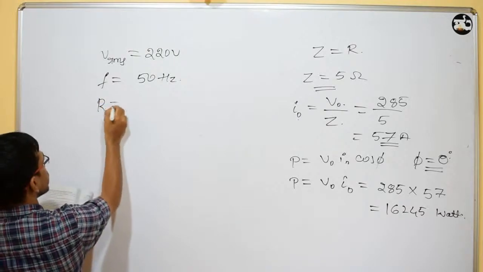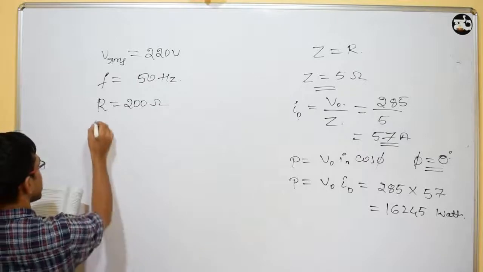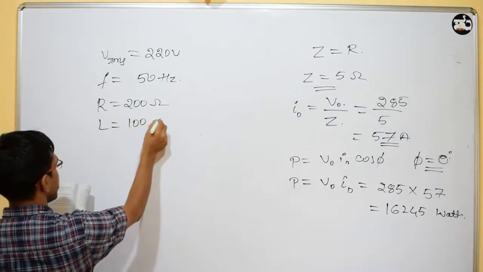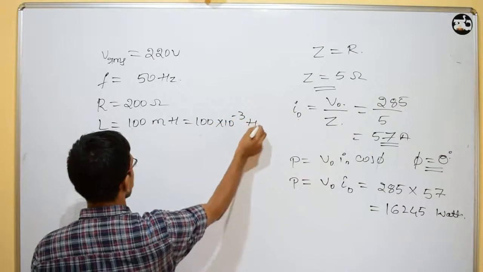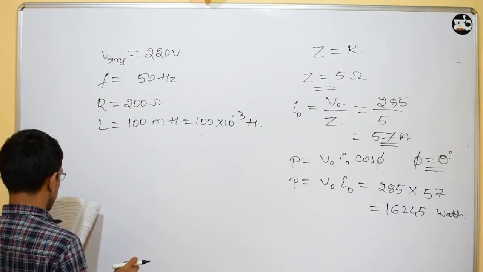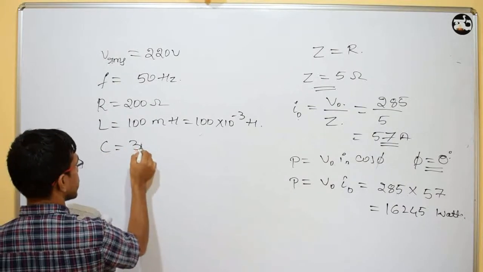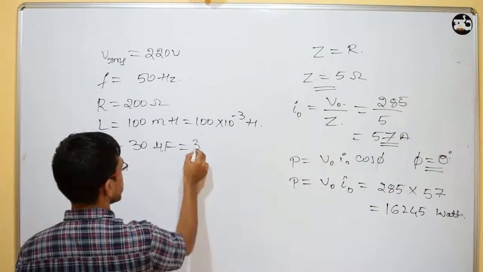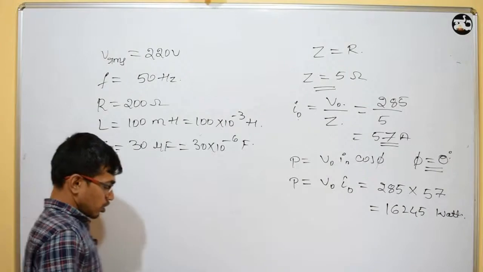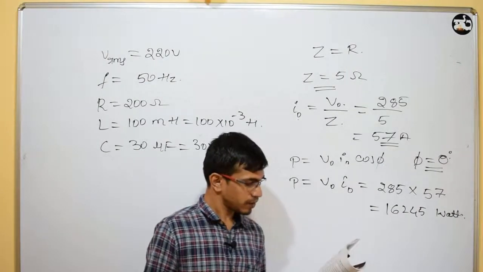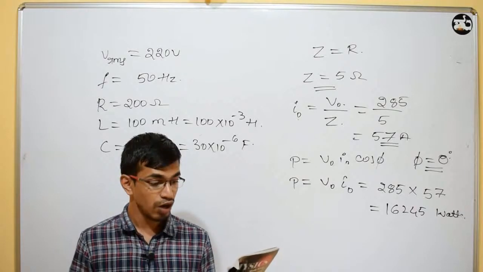R is equal to 200 ohm, and the inductance L is equal to 100 millihenry, which is 100 into 10 to the power of minus 3 henry. And after that, capacitance C is equal to 30 microfarad, that is 30 into 10 to the power of minus 6 farad. So the question is to find out whether the current leads or lags the voltage and by how much angle.